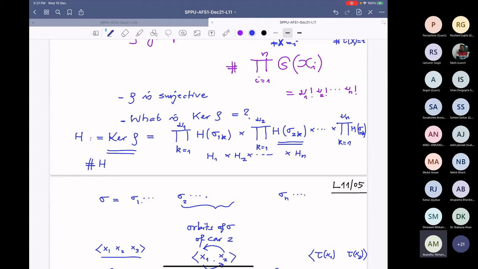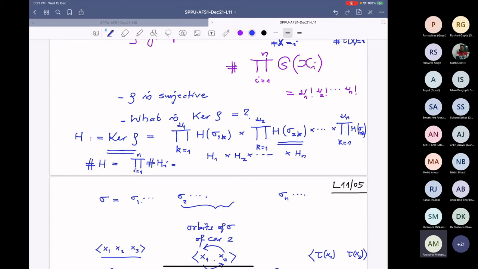This is a product group, therefore the cardinality of H will be the product of the cardinalities of the Hi, i from 1 to n. What is the cardinality of Hi? Each Hi is appearing how many times? Order of sigma 1k.